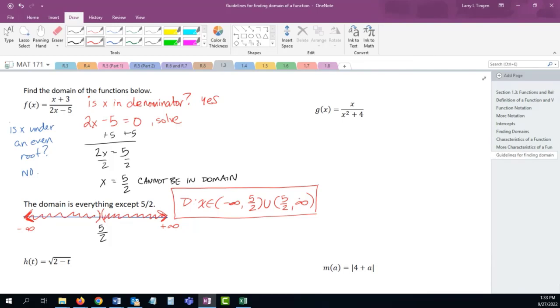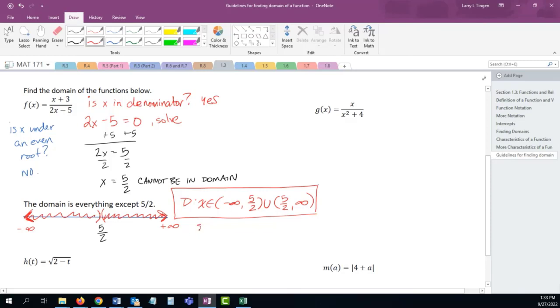Everybody okay with this concept, right? If the denominator were allowed to be 5/2, I would divide by 0, which breaks the universe and causes black holes. We don't want that to happen, so we have to remove it, and this is the way you remove it. If you have to remove a single point from a domain, writing in interval notation looks like that, okay?